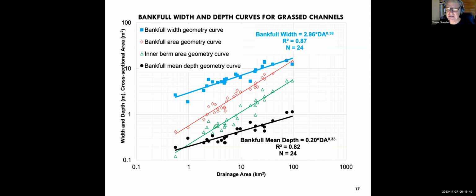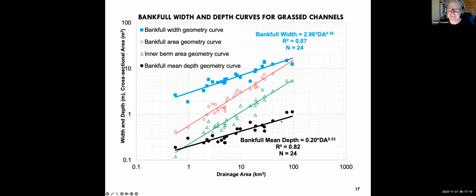They were grassed channels where the bank vegetation consisted of grass. And the other channels that were studied, I think there were like 7, they were in wooded areas. So when I did the curve for the bankful width, I had to remove the channels that were measured in wooded areas because it would have added a lot more scatter to the data. It doesn't apply. So this is the bankful regional curve for channels in grassed areas.